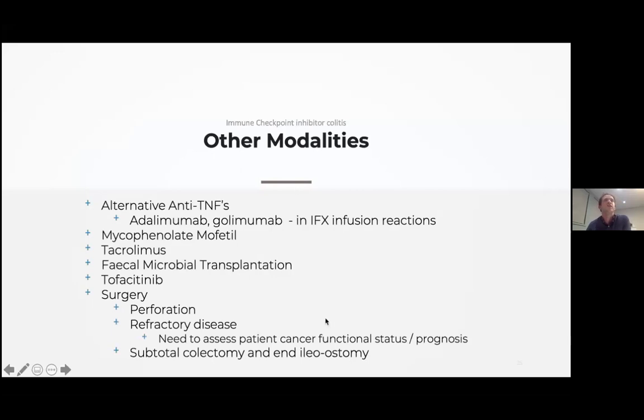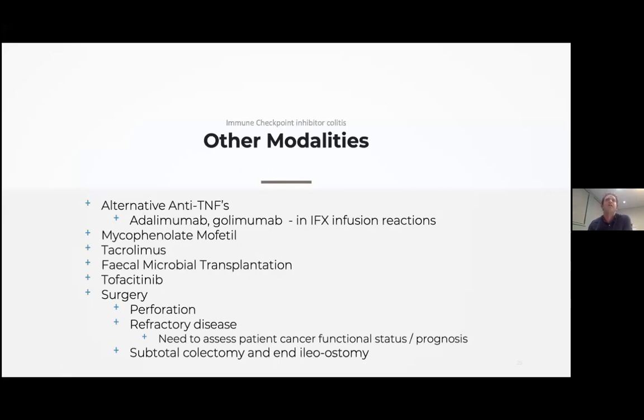A discussion around an alternative anti-TNF in patients who've had infliximab infusion reactions is theoretical, but it has been used in some centers. Use of fecal microbial transplantation is obviously very interesting, and anything that involves the microbiome is very interesting and sexy. But it's also very much case reports in the literature.